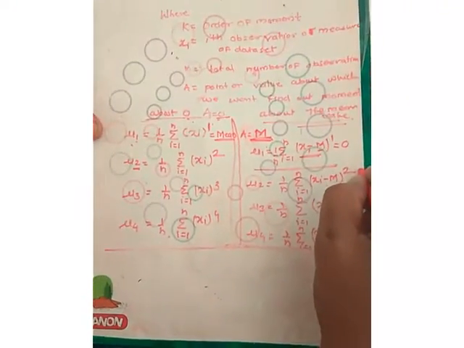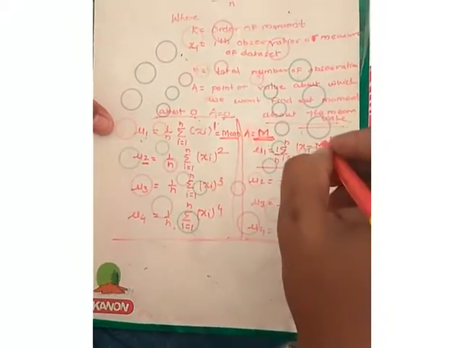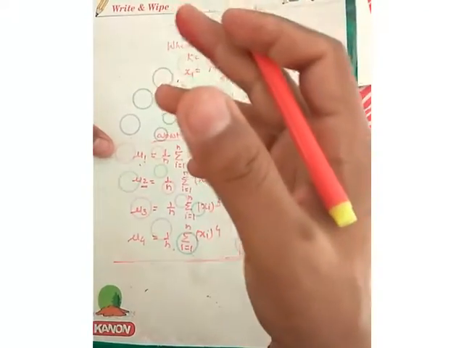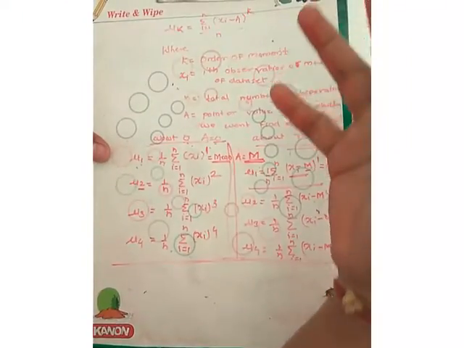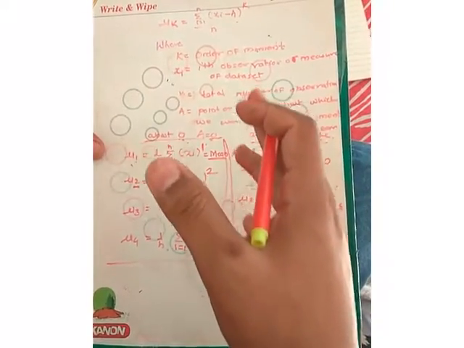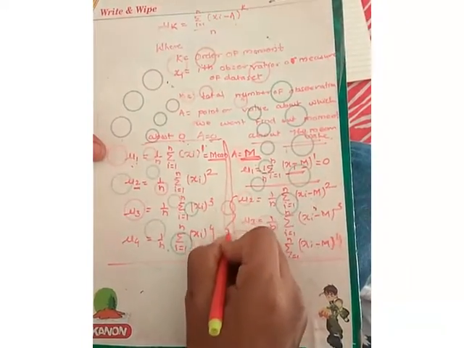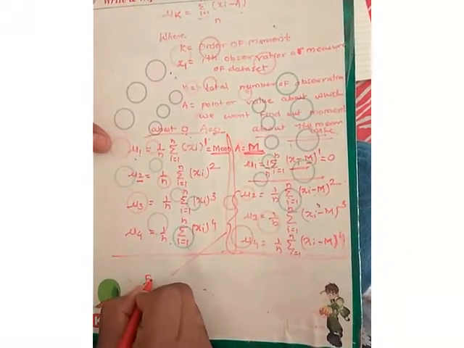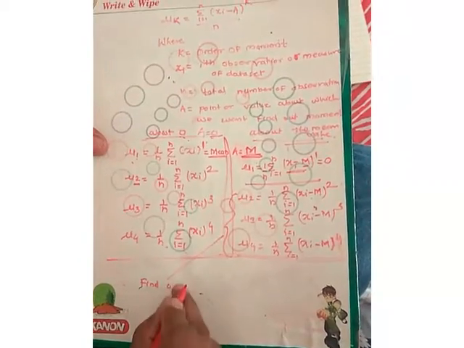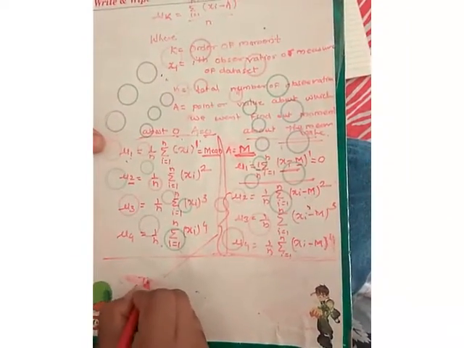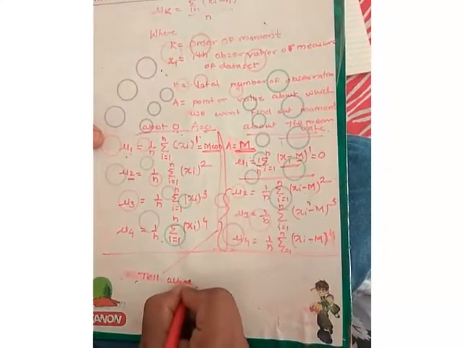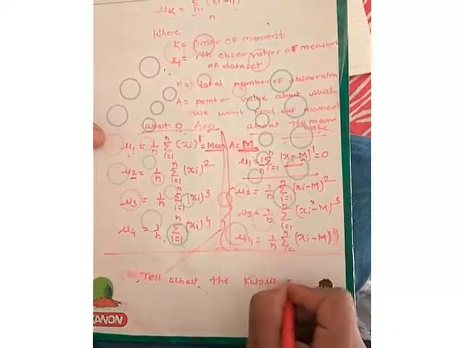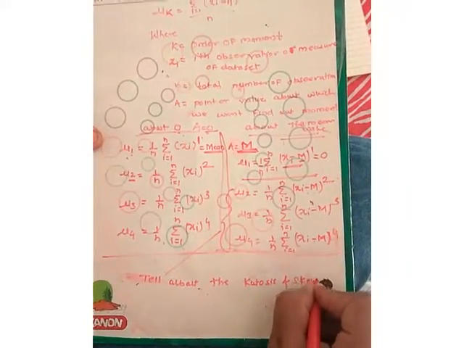Because we find out the moment ratios, and from these moments we can find out the kurtosis: the first order, second order, third order and fourth order. These are going to help us to tell about kurtosis and skewness.